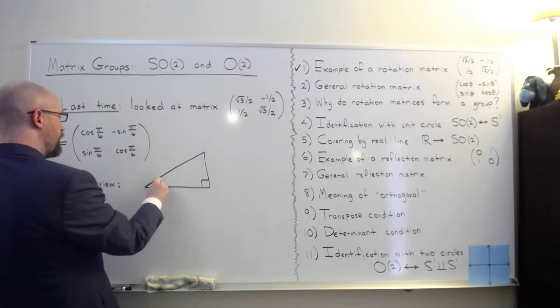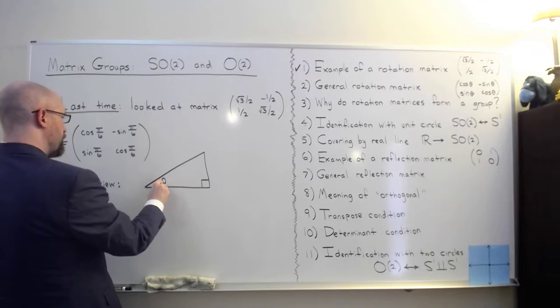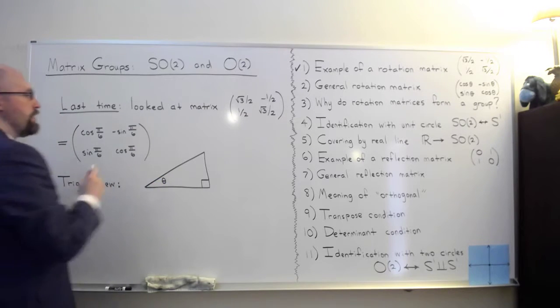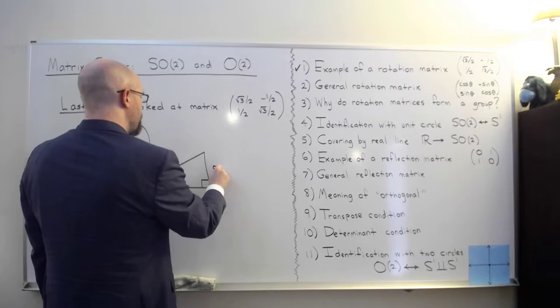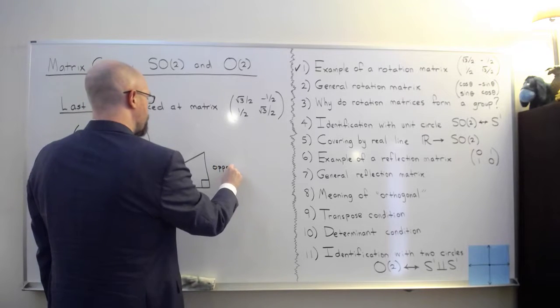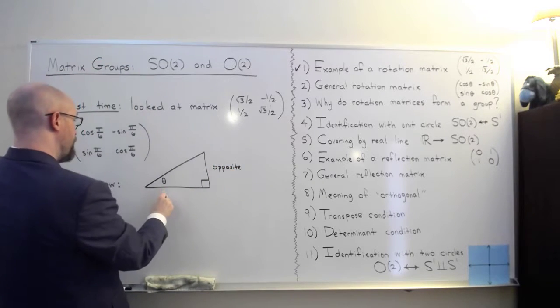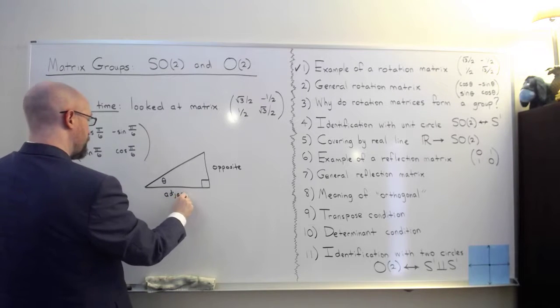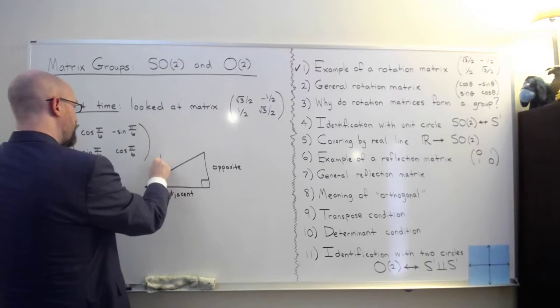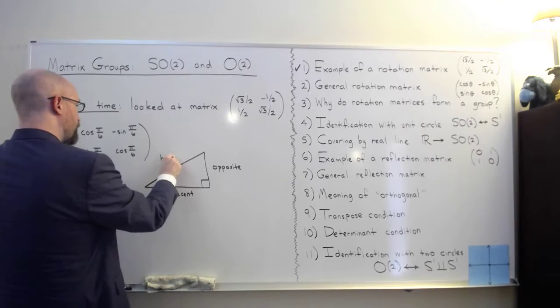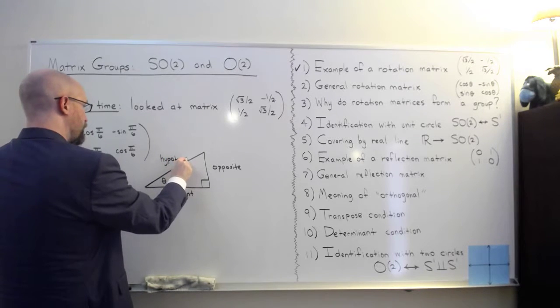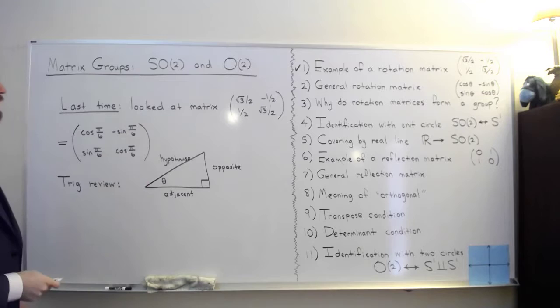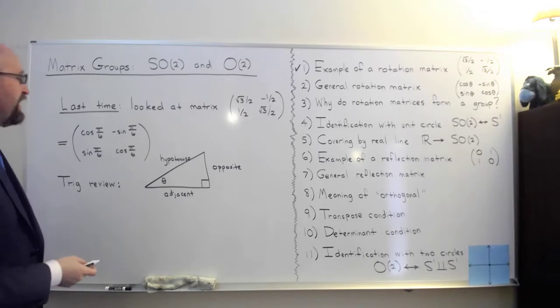And there's an angle here, which I will call theta. And you have what you're used to naming these as the opposite side, the adjacent side, and the hypotenuse. That's this side here. That's a little messy, but we'll live.